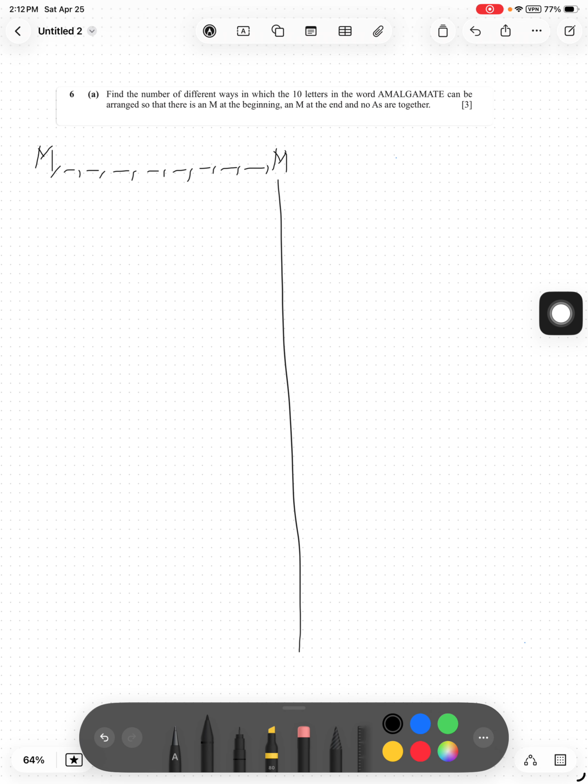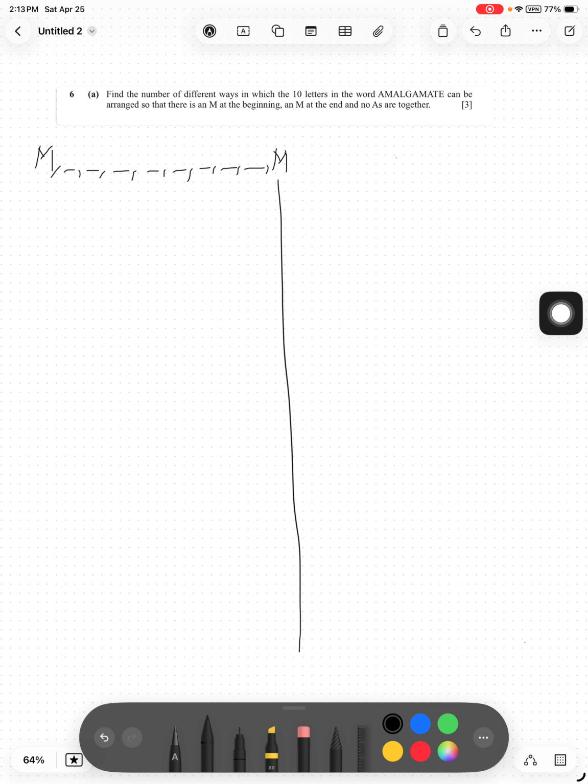Then the other way is we can just go straight ahead with what the question is asking for. That is, we just go straight forward and look at the scenarios where the A's are not together, right? So with this one, we are not going to do any form of subtraction from any particular huge value or any particular arrangement, you understand? So these are the 2 ways you can go about it.